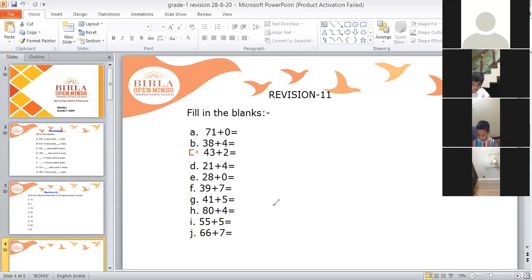Yes, children, note down these 10 questions in your notebook. And remember that after every bit, you have to leave one line.